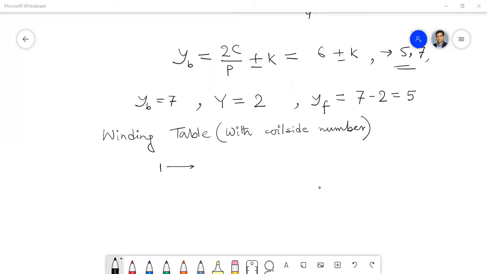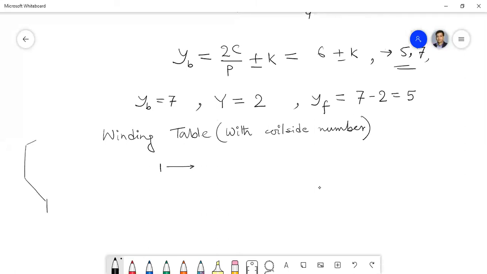The bottom coil side of the first coil will pass through which coil side position?